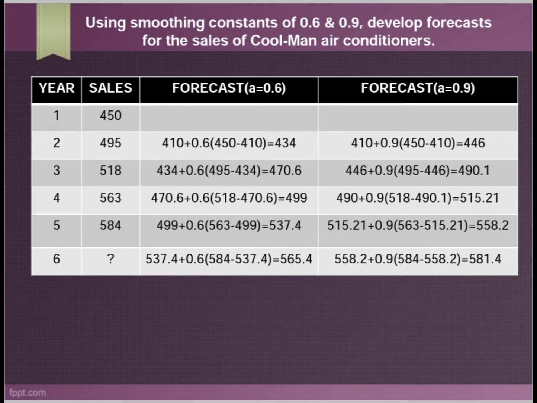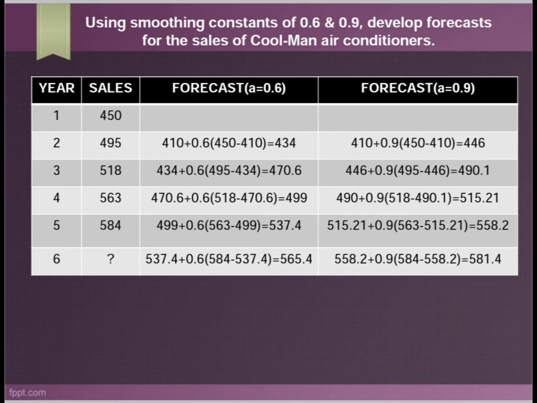We just have to simply follow the given formula in the exponential smoothing, which is also applied in the first requirement in this problem: the first year's forecast 410 plus 0.6 alpha multiplied by the difference between the sales in the last period 450 less the 410 forecast last period. So we will get a total of 434, so on and so forth, and which is also applicable to the next forecast using the alpha 0.9.